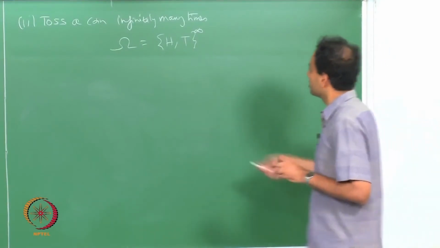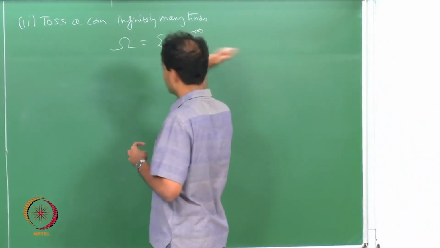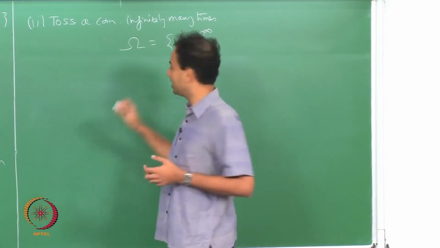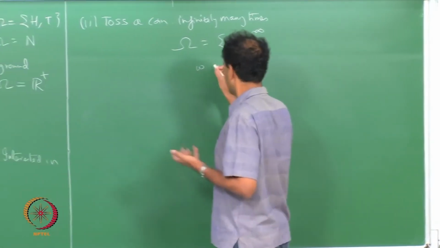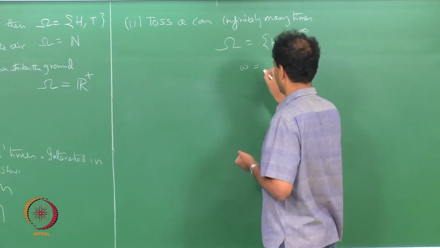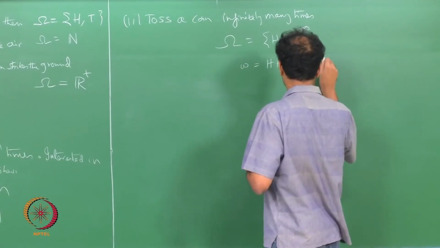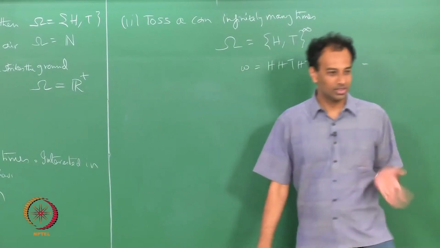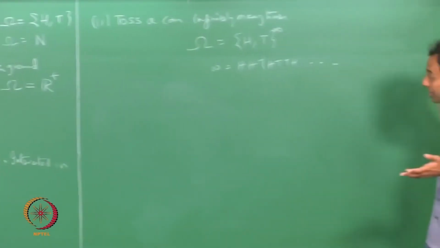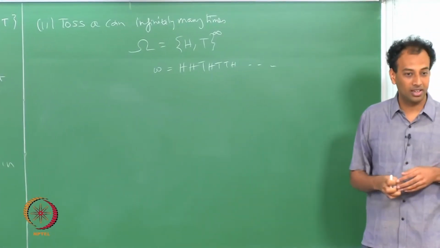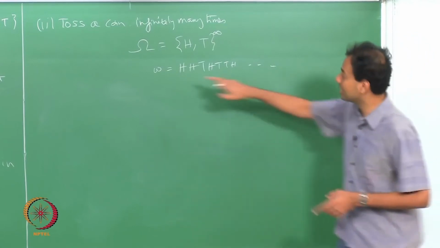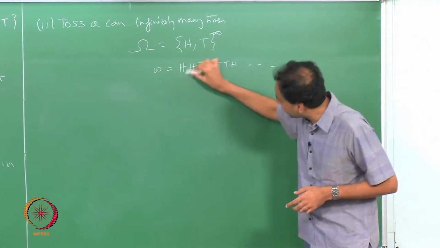Okay. So, in this particular case your omega, for example, may be the string H H T H T T H something, some infinite string of heads and tails. Okay. This is an elementary outcome, it is not like that is an elementary outcome.